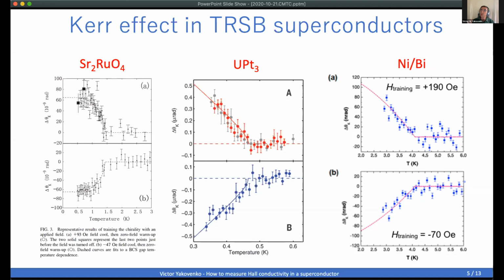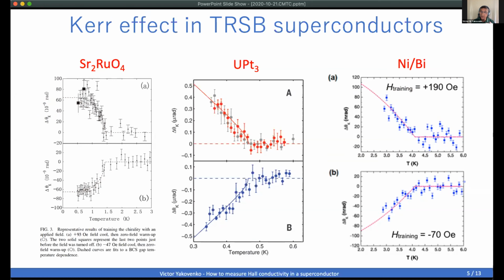They can do measurements in zero magnetic field, in which case the symmetry breaking is spontaneous, or they can apply what's called a training magnetic field, some very weak magnetic field, which produces a small asymmetry and makes it preferable for the system to go this way as opposed to that way. Then they turn off this field and do measurements on warm up, with no magnetic field present.